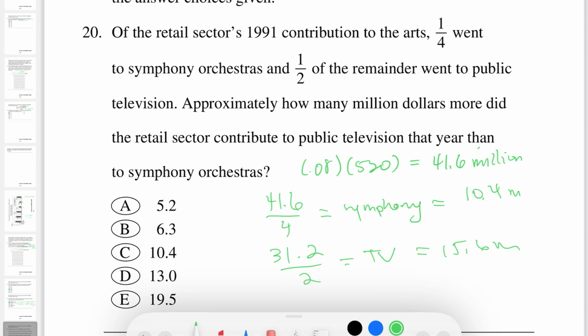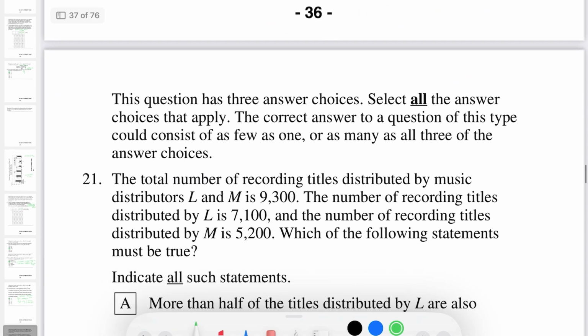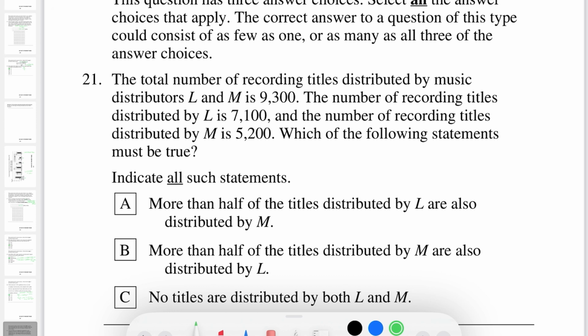And the question wants to know how many millions more did they spend on public television than on the orchestra. So we do 15.6 minus 10.4, and we get 5.2, which is A.